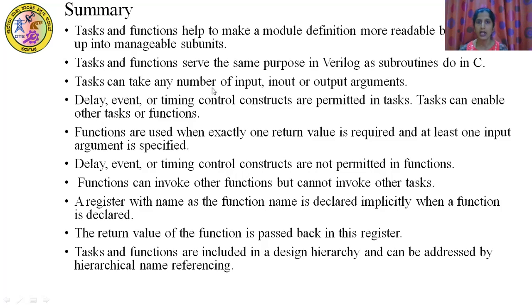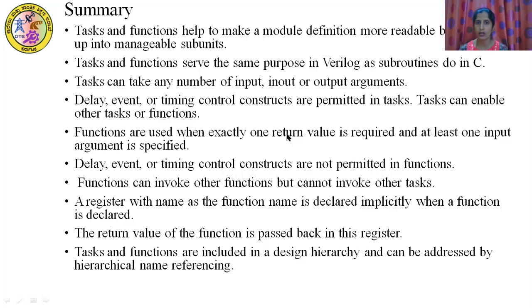Tasks can take any number of input, in-out or output arguments, and delay, event or timing control constructs are permitted in tasks, and tasks can enable other tasks and functions too. Whereas functions are used when exactly one return value is required.